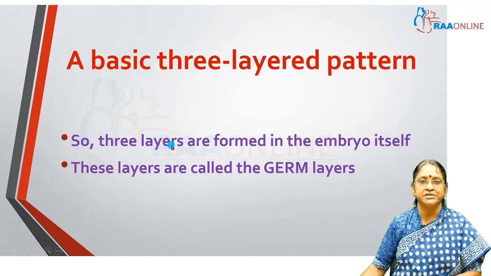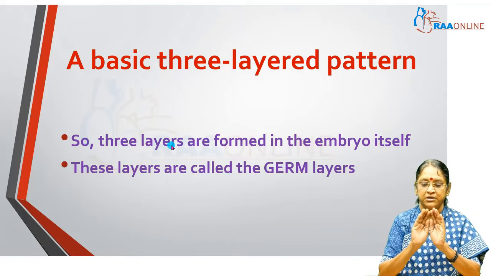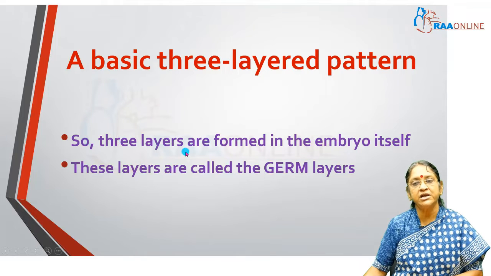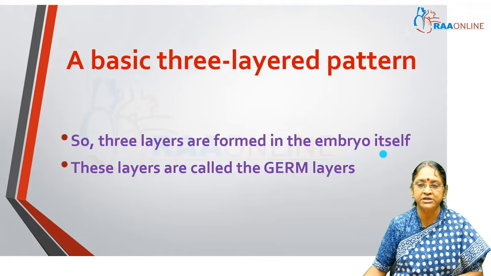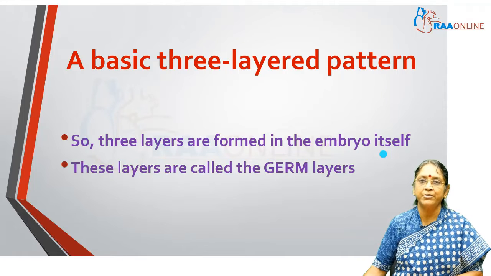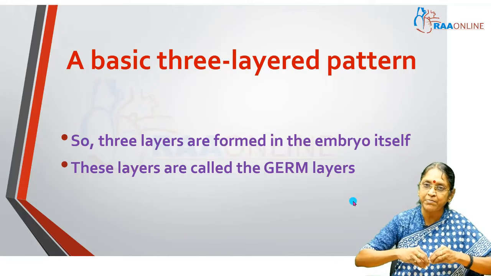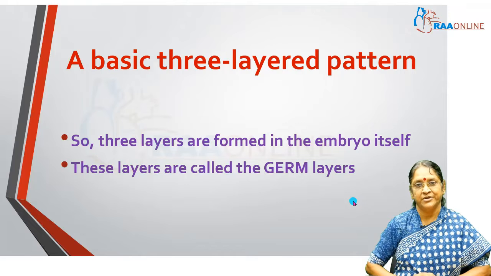These three layers, externalmost, innermost, and in between. So, these three layers are formed in the embryo itself, and that is what we will see in the trilaminar germ disc. Trilaminar will mean three layers, and germ disc. We know germ is a term given to indicate things appear from this, right?